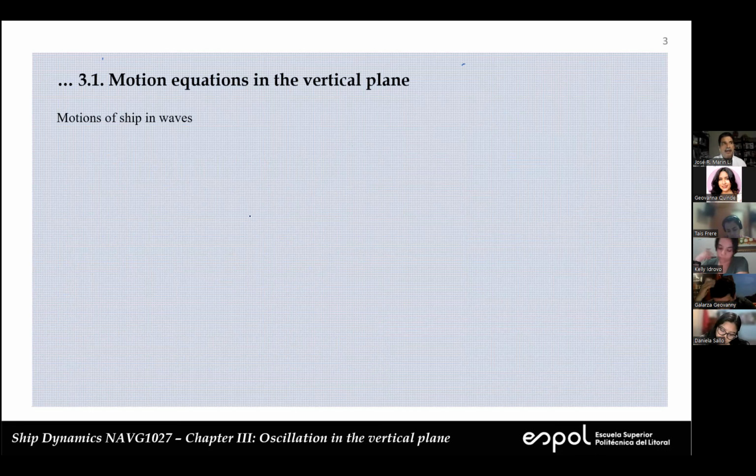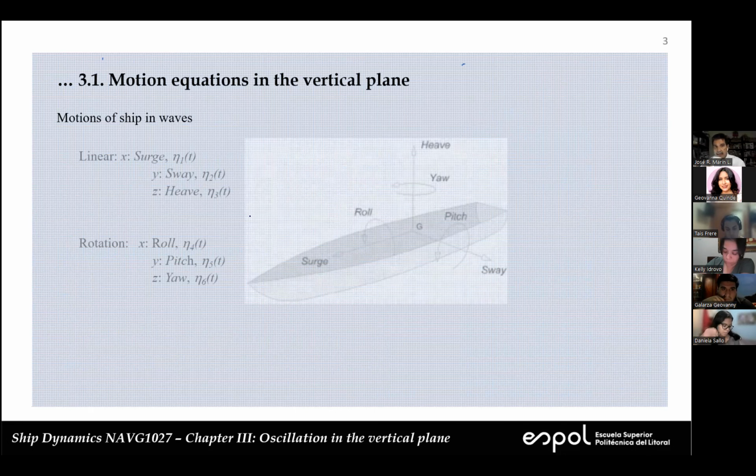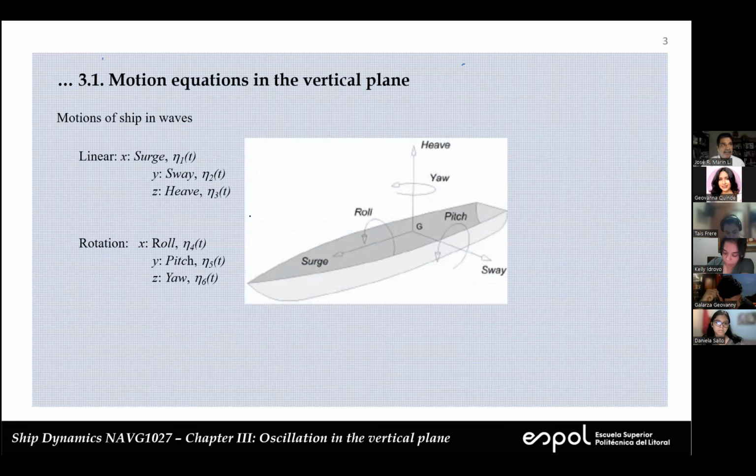So the body that we are going to analyze is a rigid body. Since it is a rigid body, in general, we can have 6 motions. It is your responsibility to put these names in your memory.